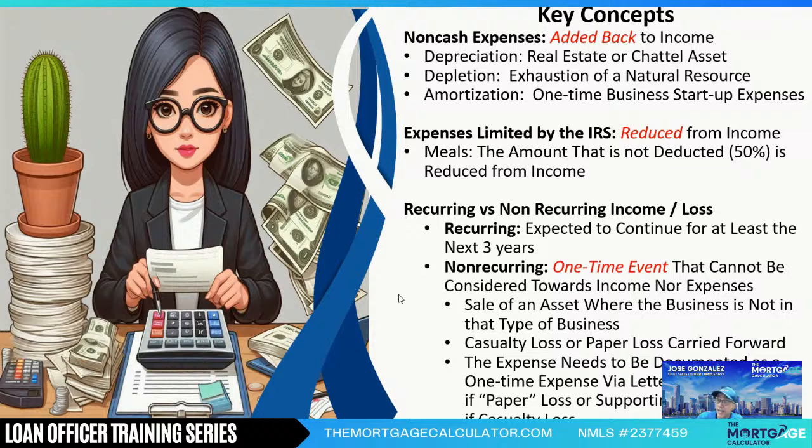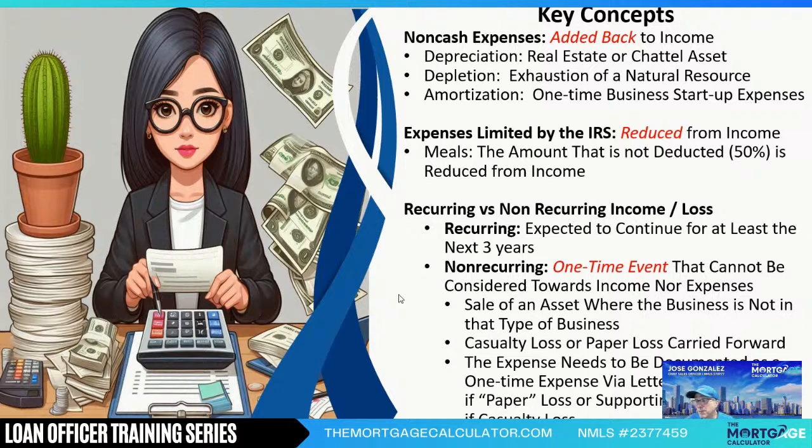There is a category specifically for depletion when you're reviewing the partnership return or the S corp return. There's going to be a category for depreciation, a category for depletion, and then you also have amortization. Amortization is a one-time business startup expense, and it specifically has to say amortization.